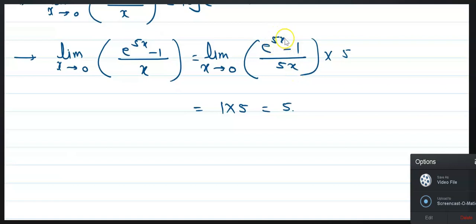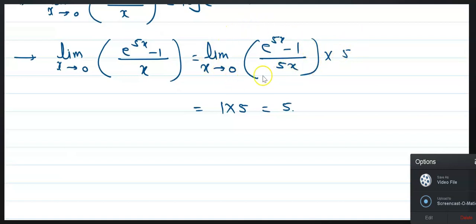The exponent of e and the divisor must be the same. But here there is 5x and we have only x. Therefore, we adjust here by 5. We multiply the numerator and the denominator by 5.